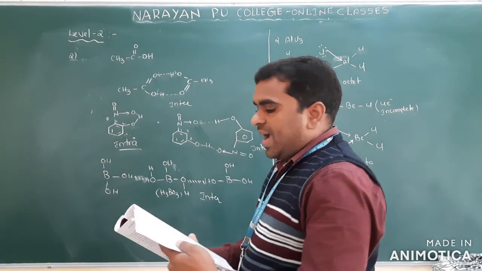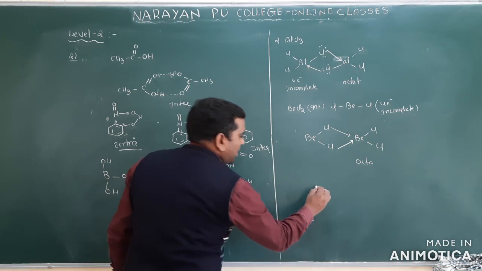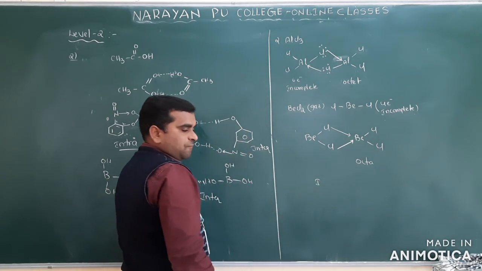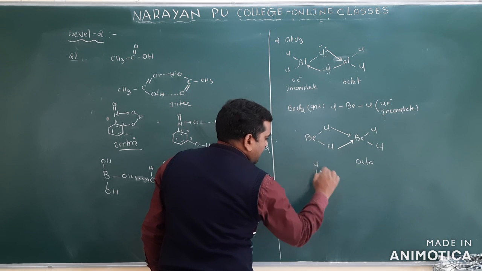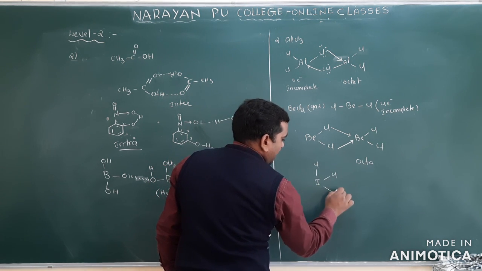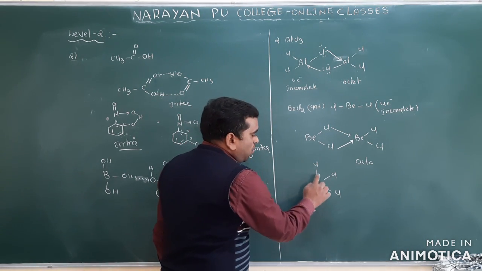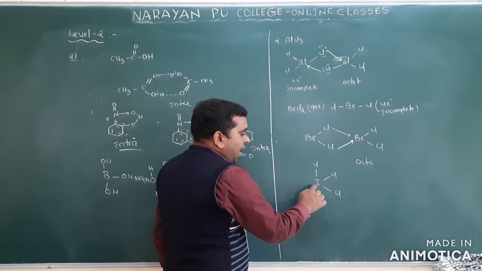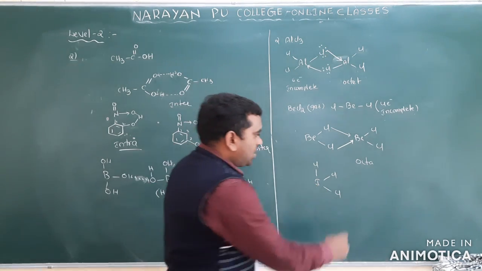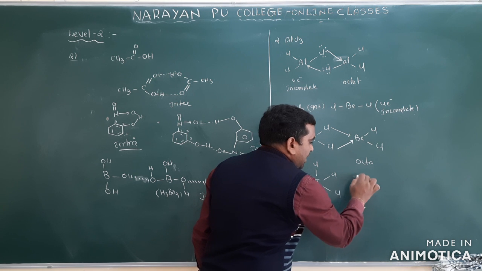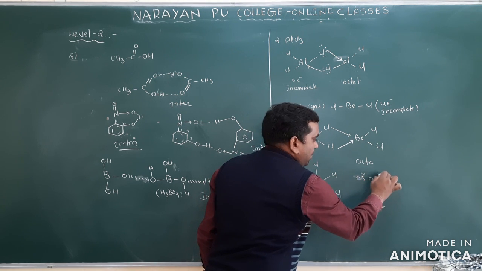Next one, ICl3. ICl3 means this is I, and here Cl, Cl, and Cl. Now this is forming 3 bonds. Iodine, like halogens, what is the electronic configuration? ns2 np5.